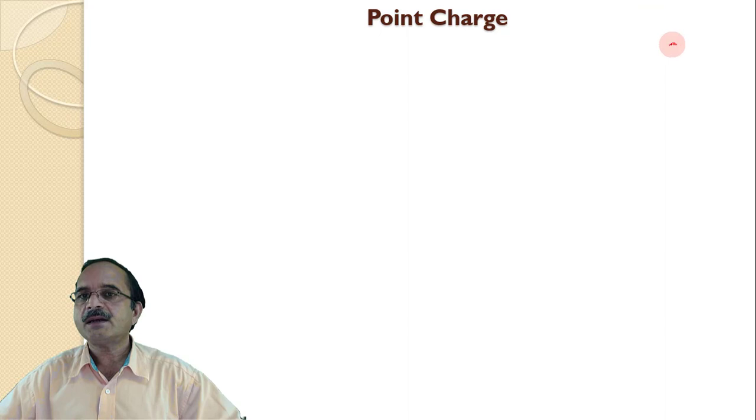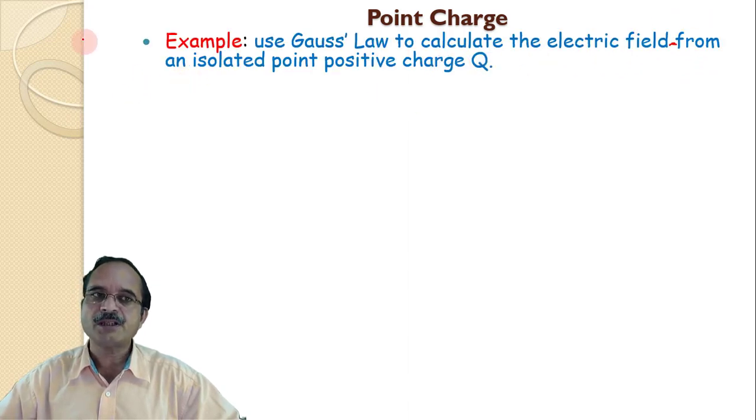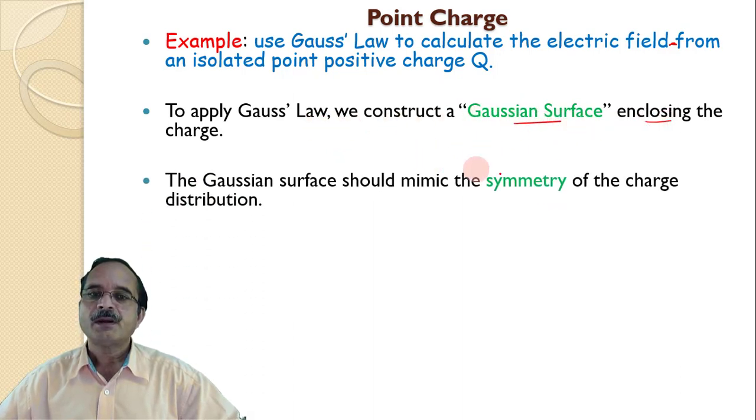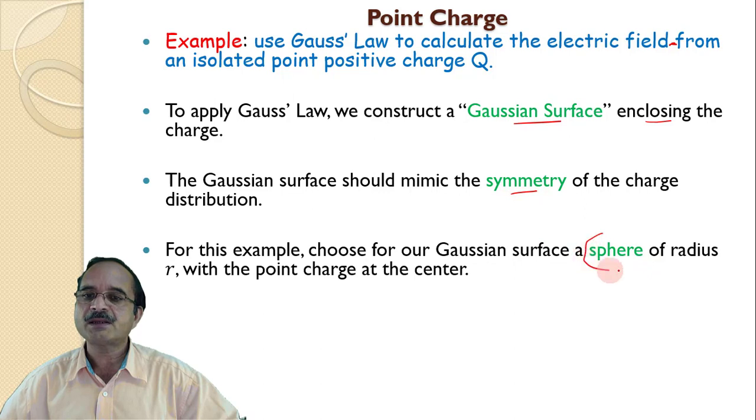Now we have to select a surface such that it should be a closed surface, that means Gaussian, as well as a symmetric surface. The best choice for a point charge is the spherical surface. So we construct a Gaussian surface enclosing the charge. The Gaussian surface should mimic the symmetry of the distribution. So we choose a spherical surface.